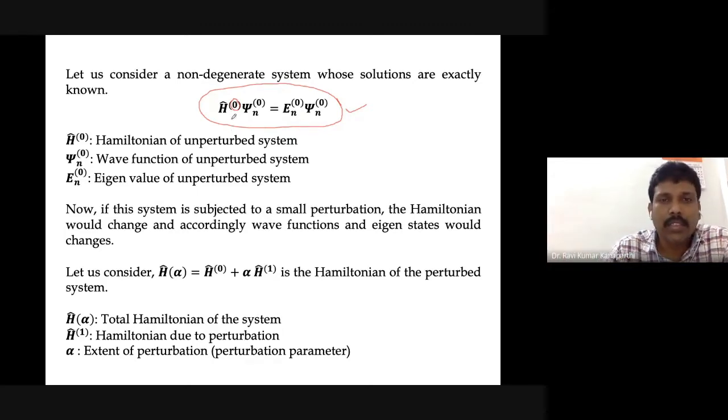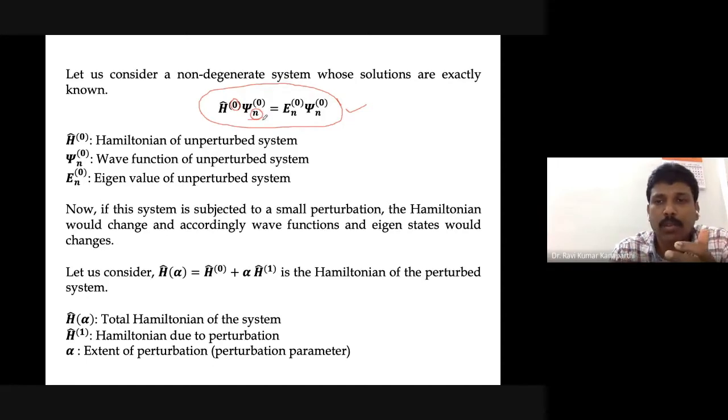Okay, and the H0 means it is the Hamiltonian of the unperturbed system, and the psi n of 0. What does n stand for? N stands for the quantum number. Just imagine the particle confined to a 1D box, 2D box, or 3D box, or maybe a hydrogen atom. So whatever we have studied, all the wave functions are actually associated with the corresponding quantum numbers, and n stands for the quantum number, right?